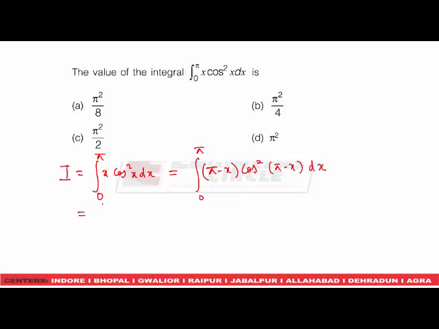Solving further, taking out the terms, pi into cos square of pi minus x dx, minus the integral 0 to pi of x cos square of pi minus x dx.